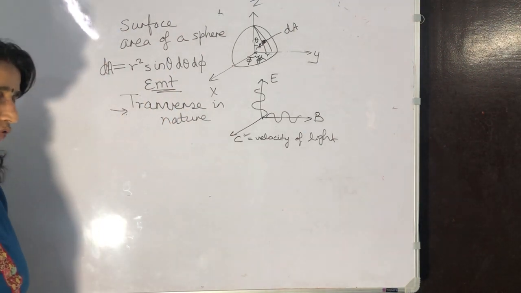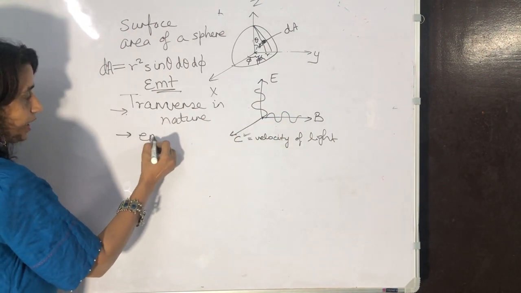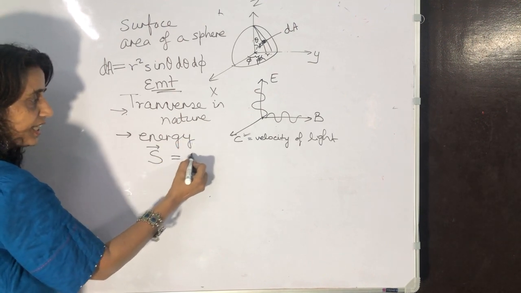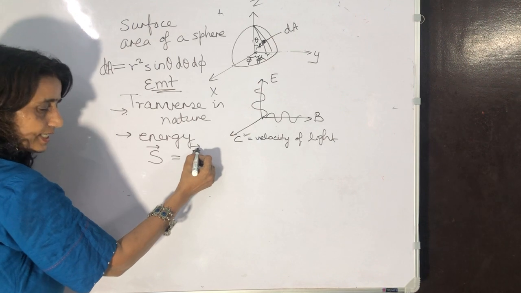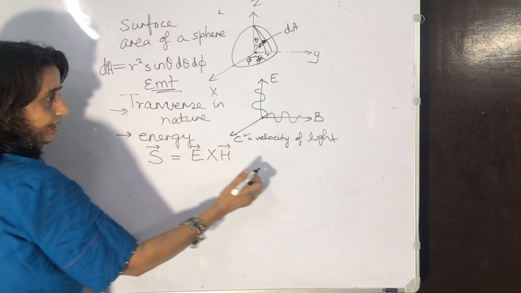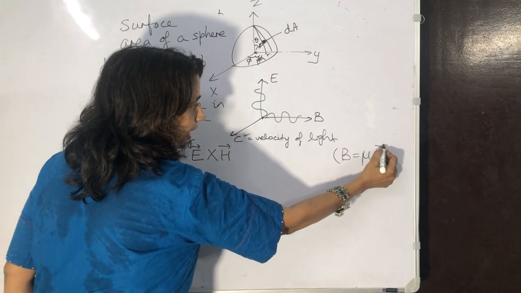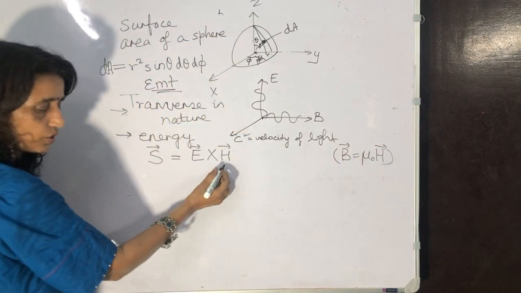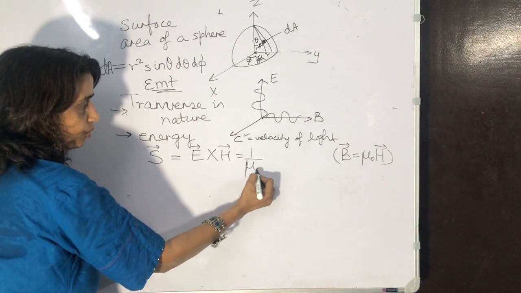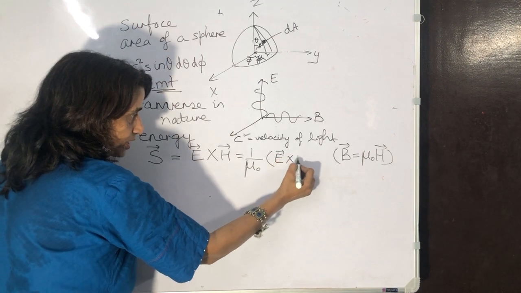Then the rate of flow of energy in any electromagnetic wave is given by the Poynting vector, which is S equal to E cross H, and I have told you that B is mu naught H. So I can also write this formula in terms of B as 1 upon mu naught into E cross B.